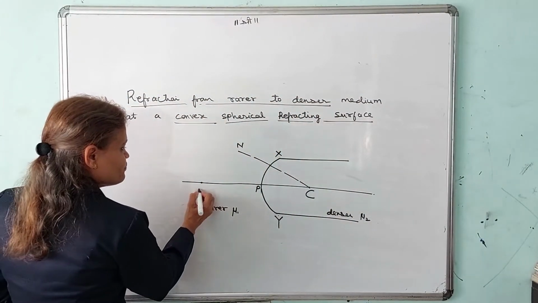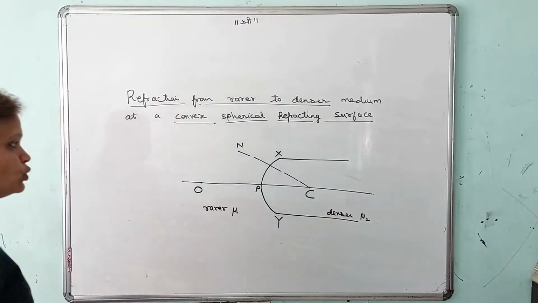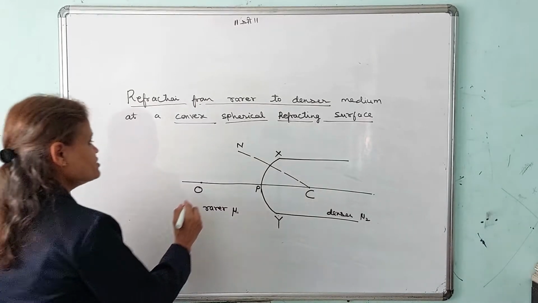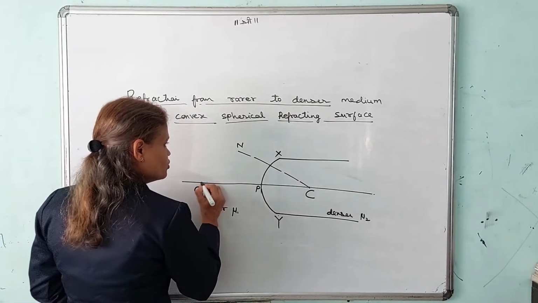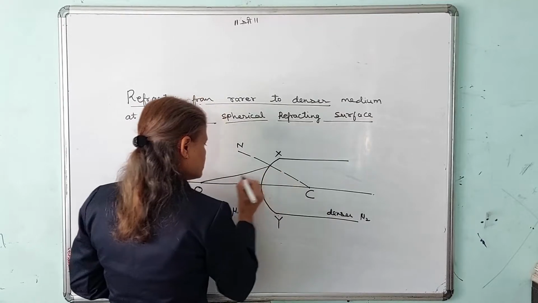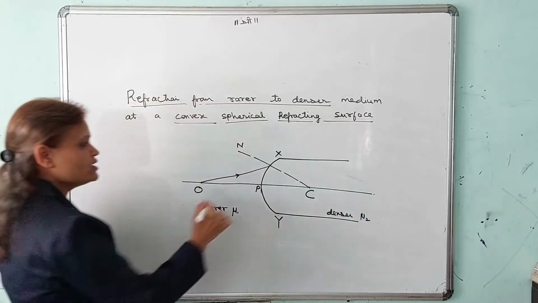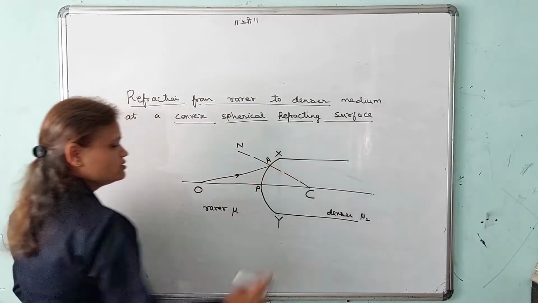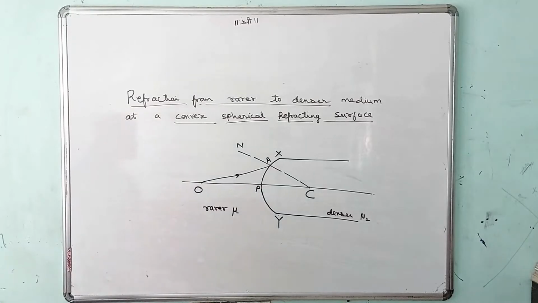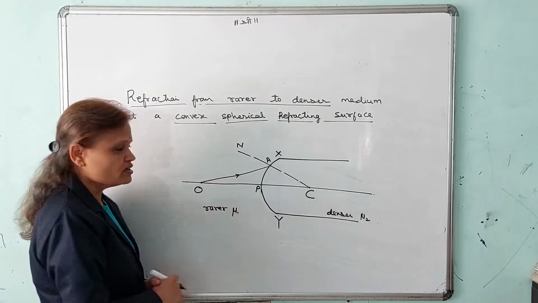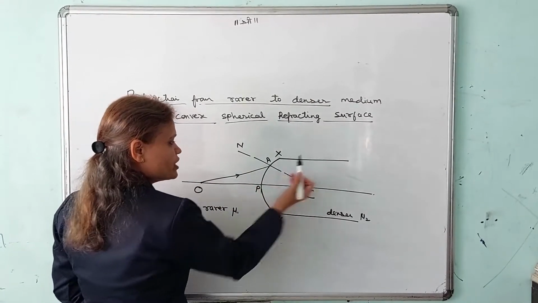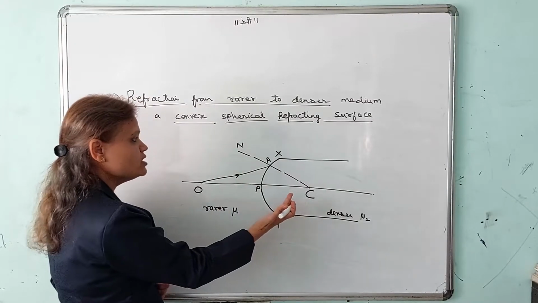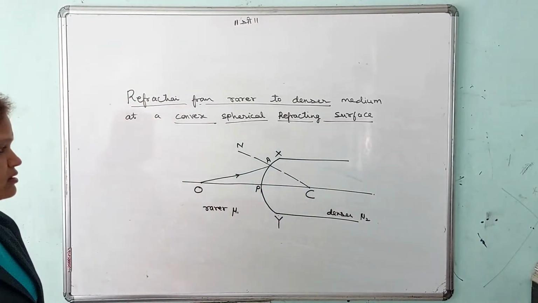Now let us say that this is a point object O. A ray will go from O to this point. Let us name this point as A. After it touches this surface, it won't go straight because there is a change in the medium. There will be bending.